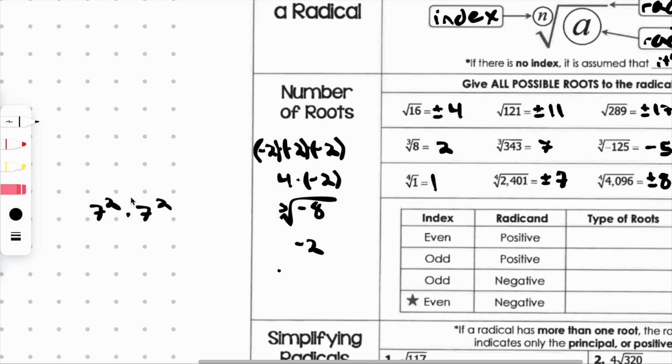If you remember your exponent rules, we would add the exponents when we have the same base. Or sorry, not 2 plus 4, 2 plus 2. So this is equal to 7 to the 4th, okay? So if I go backwards, 7 squared is going to be 49 times 49. And you can just do your multiplication that way.